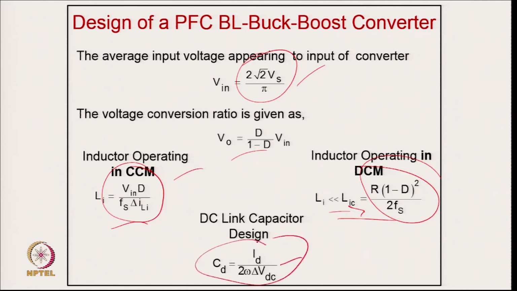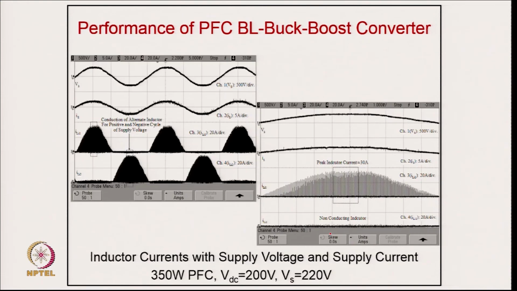So, these are typically the design equations for getting the component values of the input inductor, as well as the output capacitor. And these are typical values. This is designed for 350 watt with an output voltage of 200 and supply voltage of 220. So, these are the input voltage and input current, and this is your inductor operating in discontinuous mode.